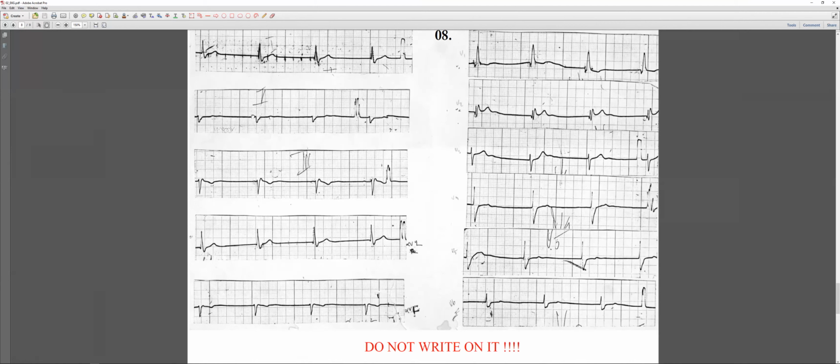Lead 2 is negative, so it's a left deviation. It's an extreme left deviation, because if lead 2 were positive, you would have a range between 0 and -30. But because it's negative, it's less than -30, and that's pathological. Okay, go on.